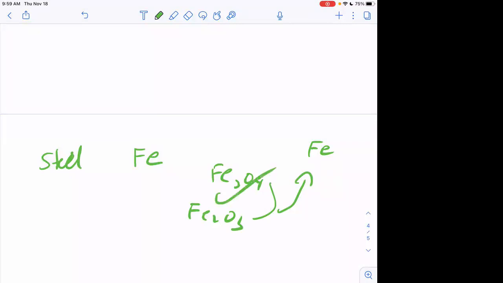This is rust. That's what happens when it rusts. It's flaky. It doesn't have the characteristics of the metal, which is what you want to build with steel. So it's a perfect example where you can drive it. In that case, yes, the products are less stable than the reactants, and that's why it just falls right back down, the energy over time.